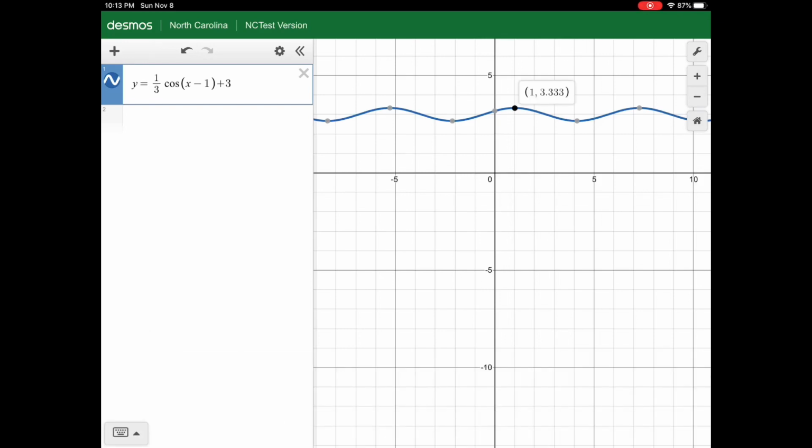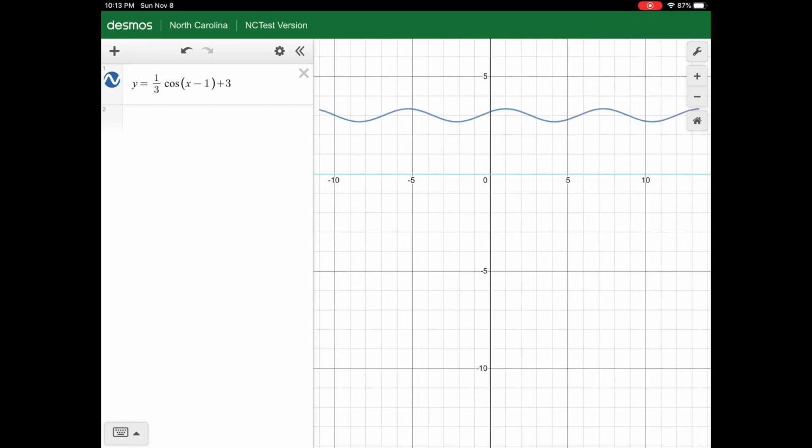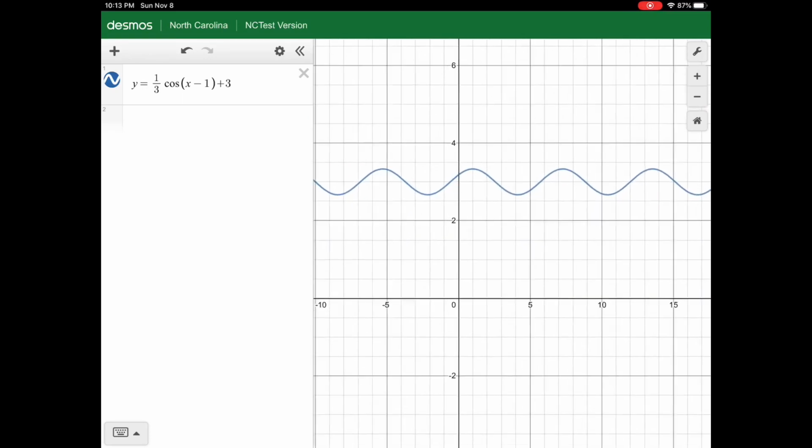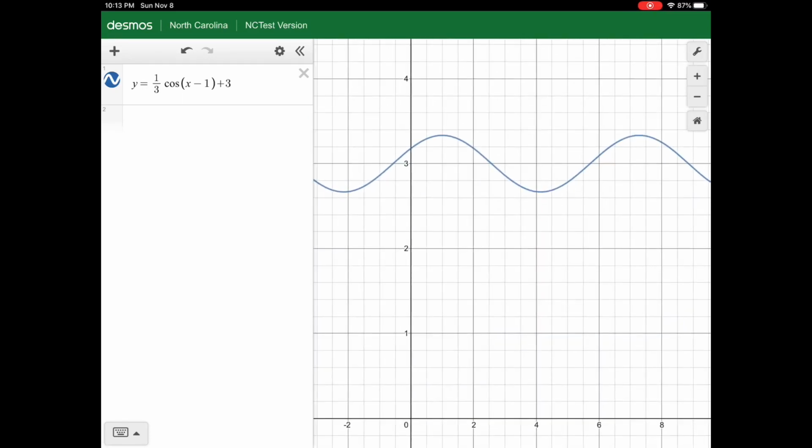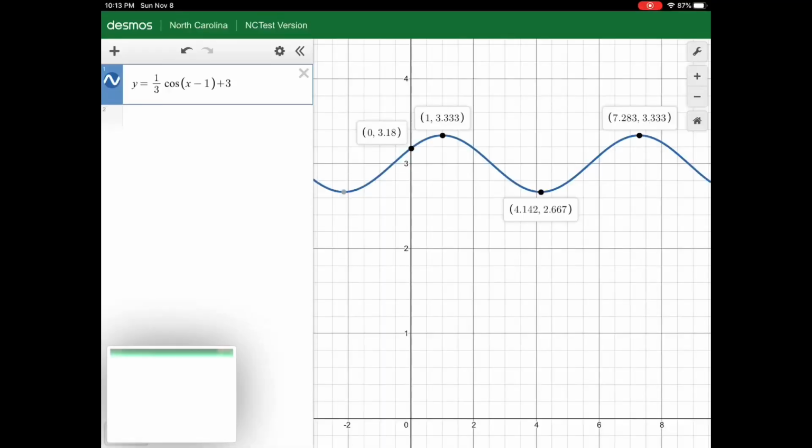So if I look at this, I'm going to kind of scrunch it together and zoom in so that it's a little bit easier to see the spaces in between there. So we said that we have it at 3. So if you look at the midline here, all right, so I'm going to kind of plot some points and grab these points so we can see them.